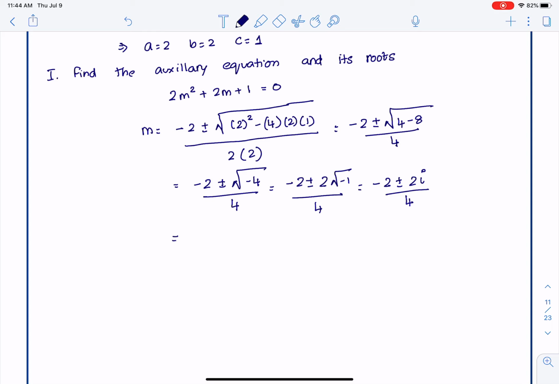I could cancel the 2 out, so I have minus 1 plus or minus i divided by 2, which I could write as minus half plus i times 1 half. That will be the first root, minus half minus i times 1 half. That would be the second root. So alpha is negative 1 over 2, beta is positive 1 over 2.